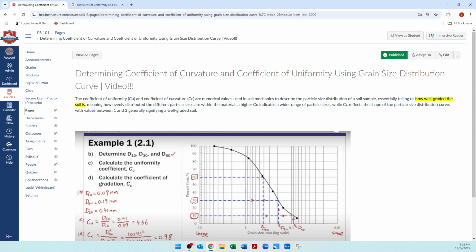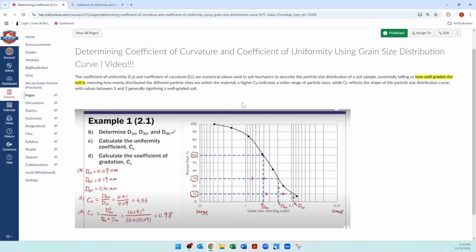Once we calculate Cu, you'll get a number. A higher coefficient of uniformity indicates a wider range of particle sizes, from big to little and all throughout. While the coefficient of curvature reflects the shape of the particle size distribution curve, with values between 1 and 3 generally signifying a well-graded soil.